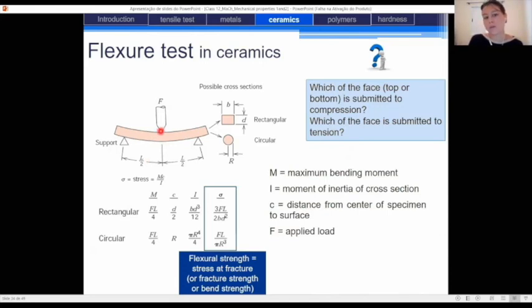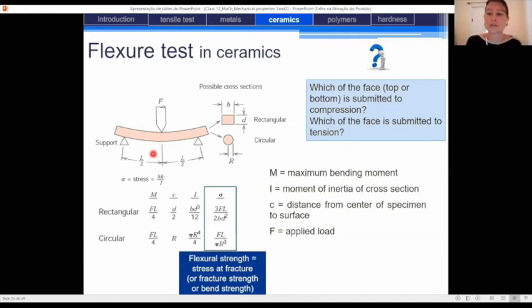In the top region, right below where the force is applied, we have a region which is under compression, whereas the bottom of the specimen is submitted to tension. So the whole bottom face is under tension, and the upper one is under compression.